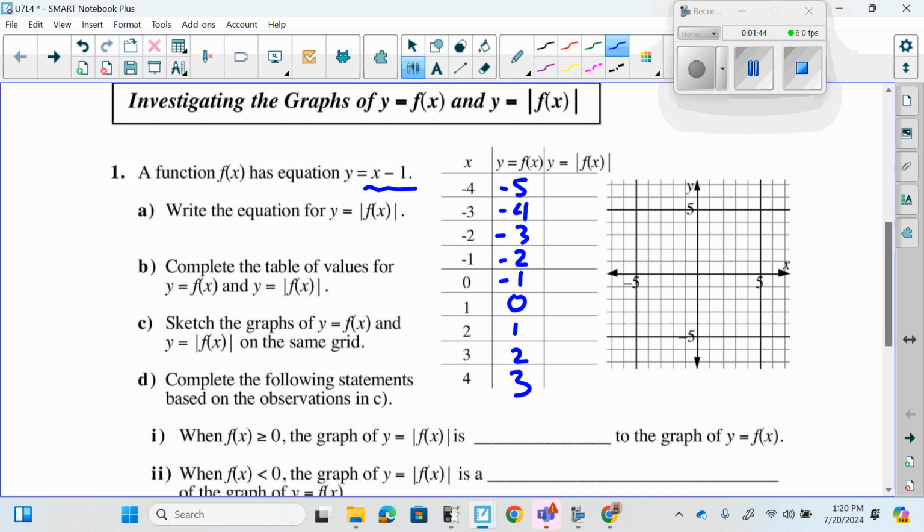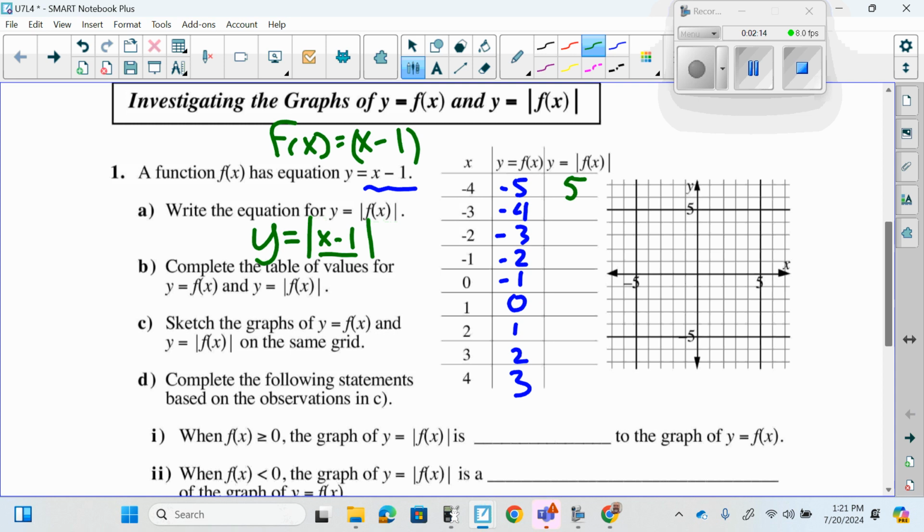Now what I'm going to do is the equation for this. This is going to be y equals absolute value of x minus 1. I take the whole f of x, and I just put that thing into the absolute value brackets. So all the absolute value does is, again, make it positive. So -4 minus 1 is -5. -5 becomes +5.